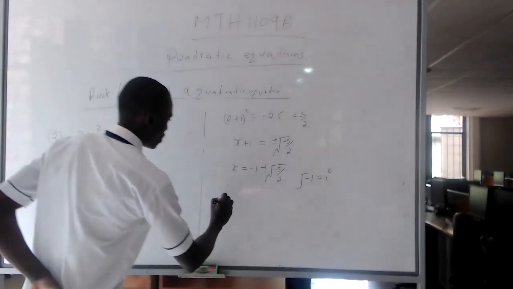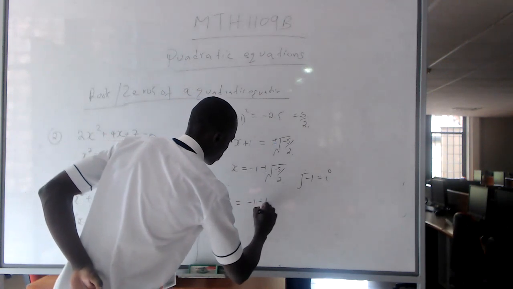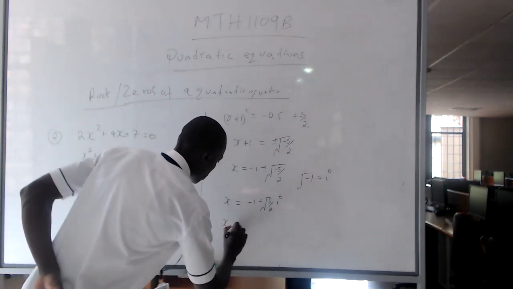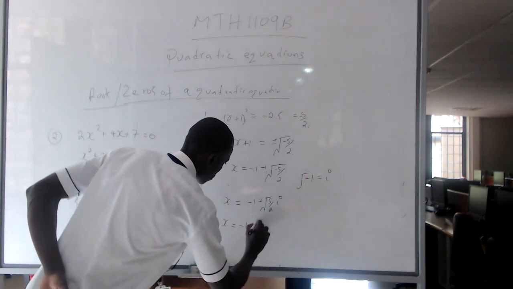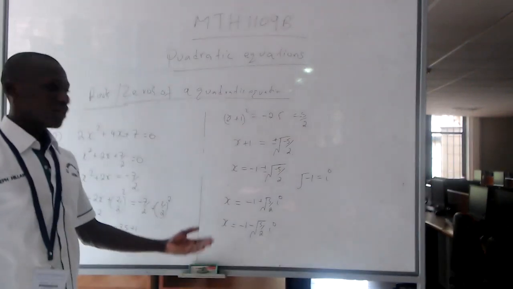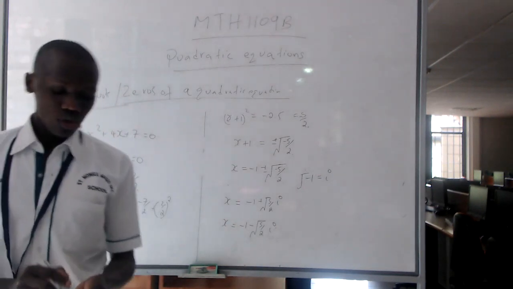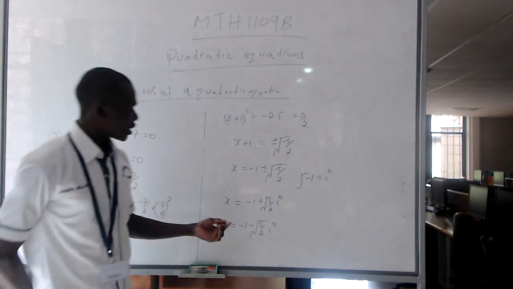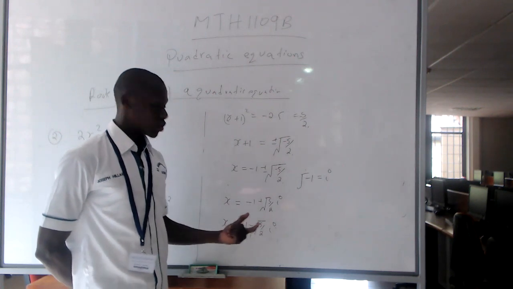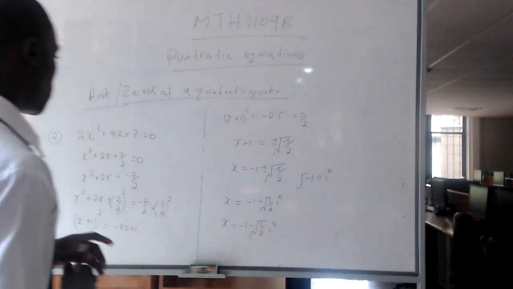So the solution for this is x is minus 1 plus square root of 5 divided by 2 i, or x is minus 1 minus square root of 5 divided by 2 i. And when you obtain complex roots for a quadratic equation, they will always be conjugates of each other. So you realize that the second root is the complex conjugate of the first. This was a very nice example.